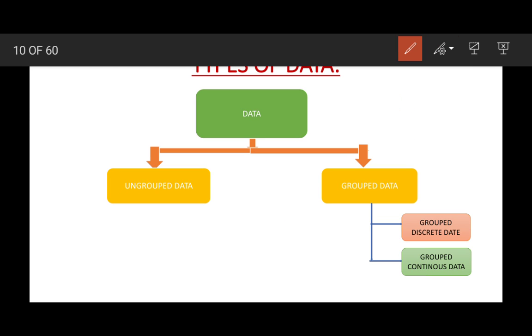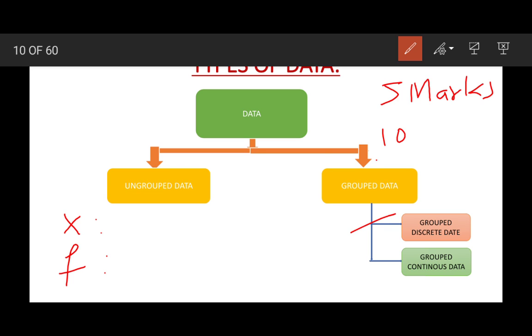Now let us see an example of the second type of data, which is grouped discrete data. Grouped discrete means x values are given and frequency is given. Suppose I have taken a test of 5 marks, and there are 10 students who appeared for the test.